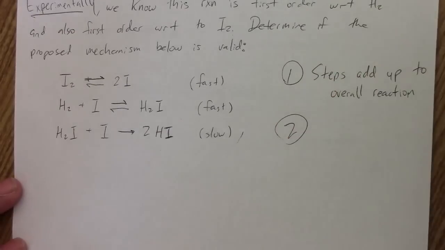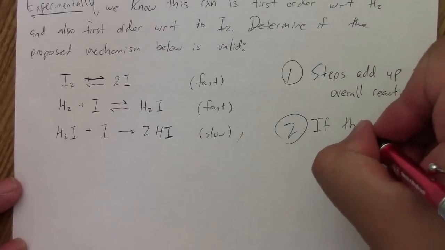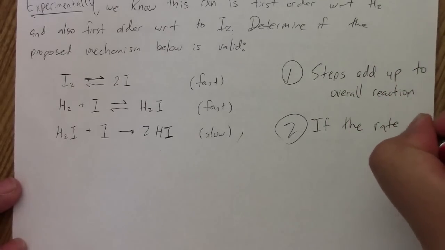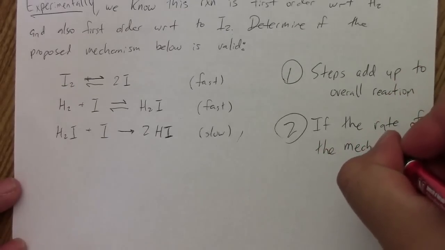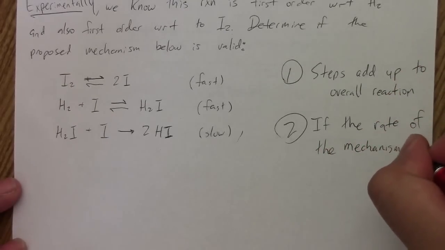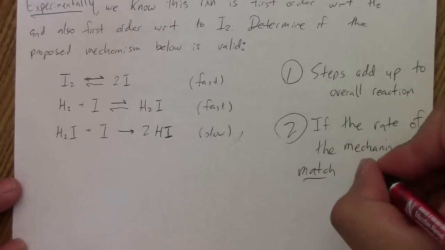But if they do add up, we have a second thing that we look for, and that is to see if the rate of the mechanism or mechanisms match the overall reaction.